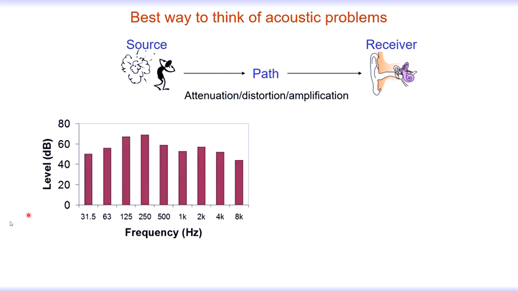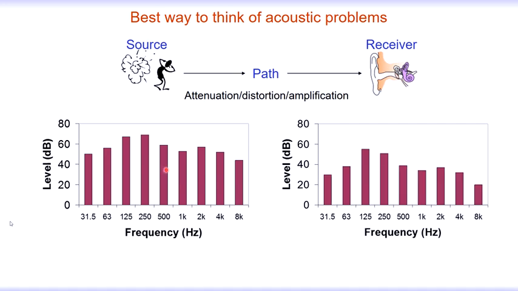So if we start off with a certain spectra of sound, this is a spectra of sound represented by the level in decibels vertically and the frequency in octave bands along the horizontal axis. And we have different amounts of sound in different octave bands. So that's the noise that's generated at the source.